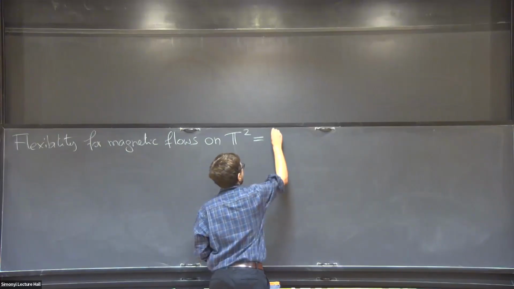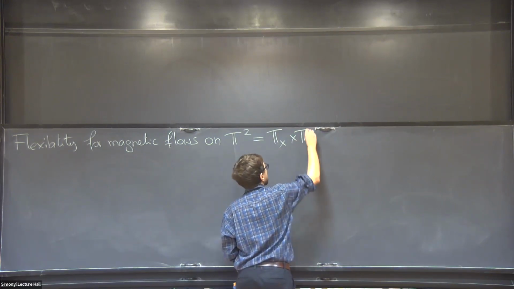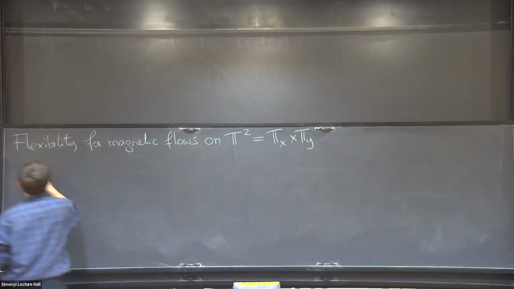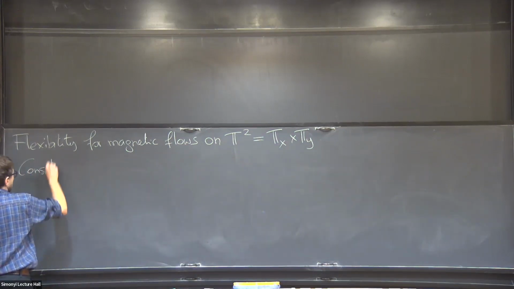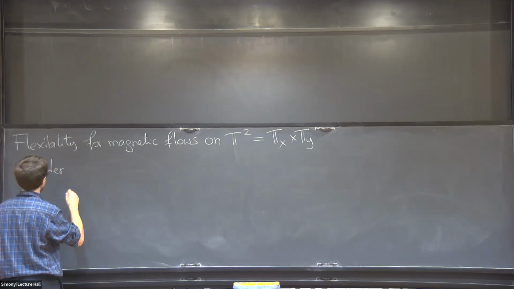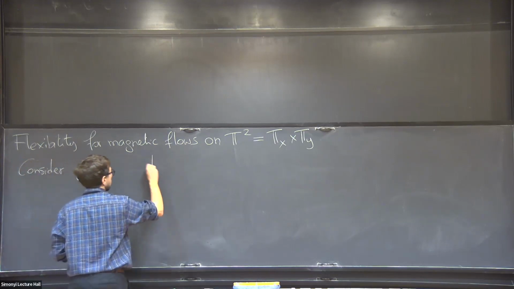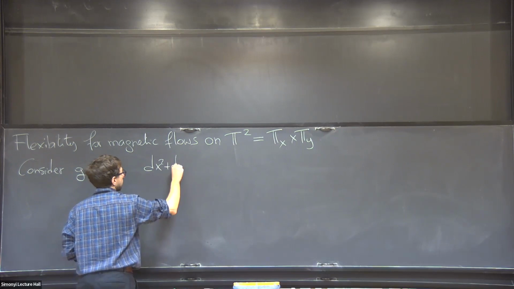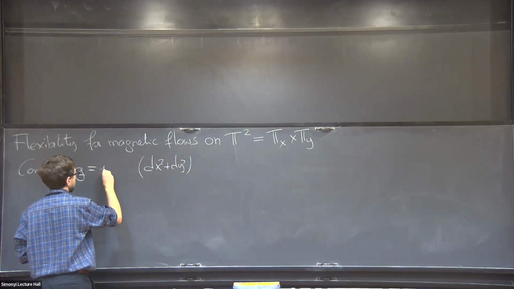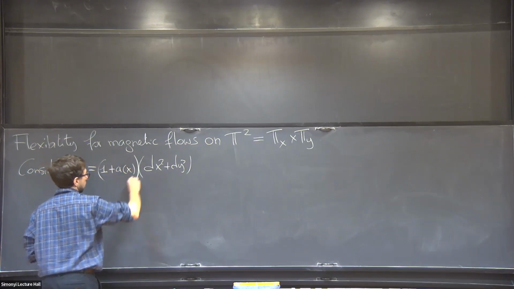So T2, I imagine this as T with a coordinate X times T with a coordinate Y. And then we consider metrics which basically are just dependent on X in some way. Consider G, which is conformal to the standard flat metric, but the conformal factor just depends on X, and I just write it as 1 plus A(X).